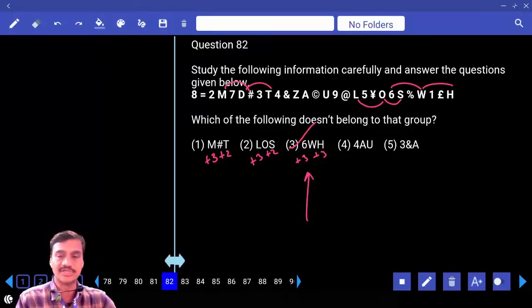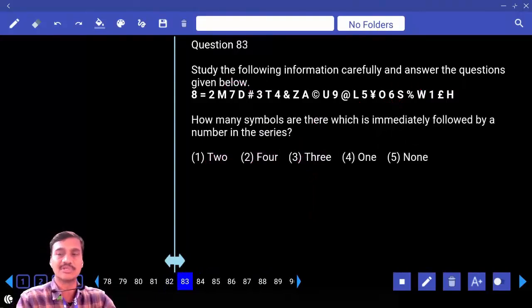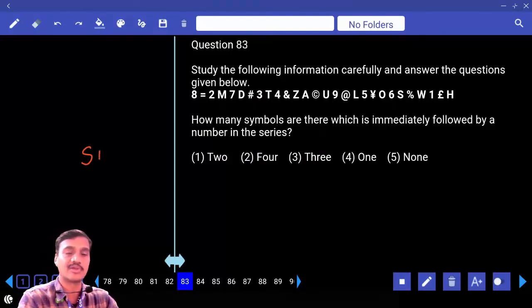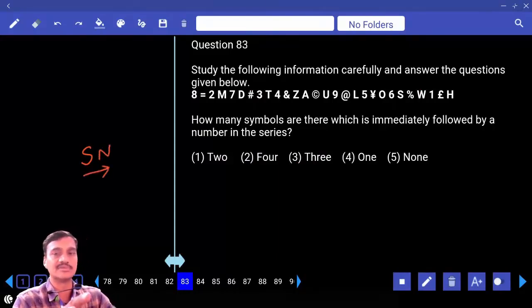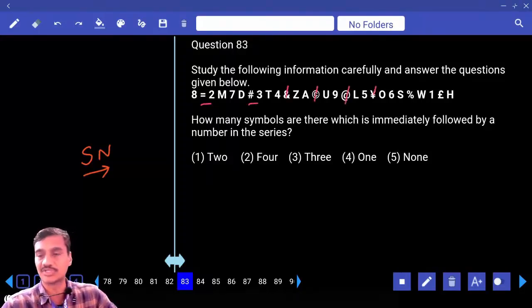Then coming to this 83, how many symbols are there which are immediately followed by a number? Symbol immediately followed by what? Number. And symbol and number must be following. Now symbol followed by number, symbol followed by number, and this symbol cannot be taken, this also cannot be taken, and symbol followed by number.